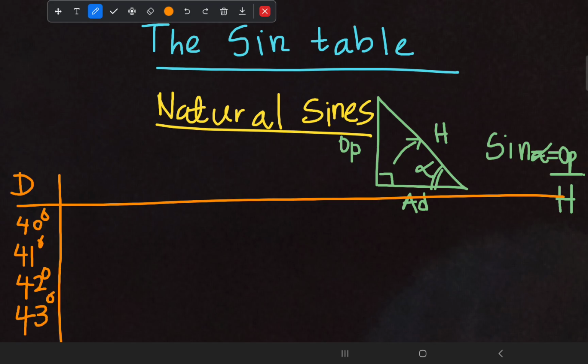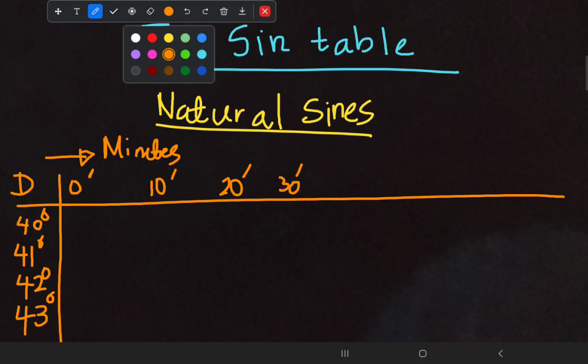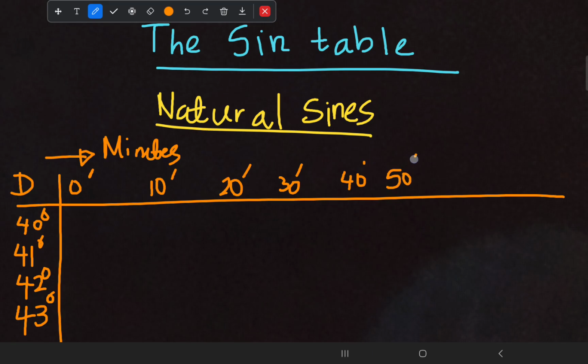That means the degree angles are indicated vertically. Horizontally, in a row, we have our minute measurements: 0 minutes, 10 minutes, 20 minutes, 30 minutes, likewise 40, 50 and 60 minutes.